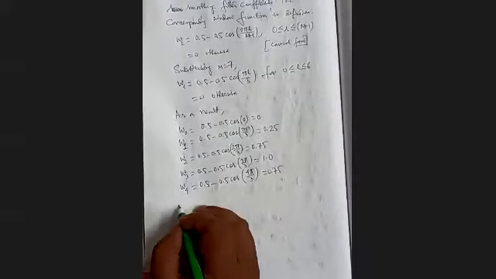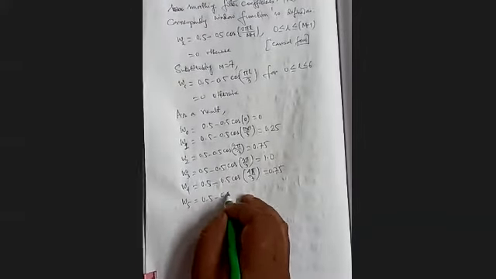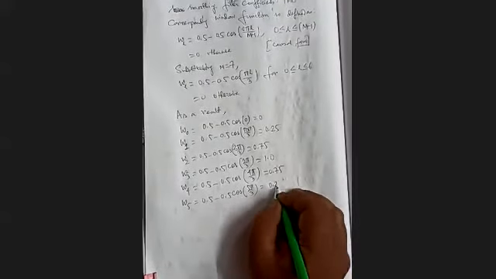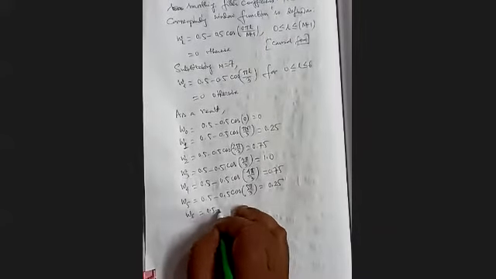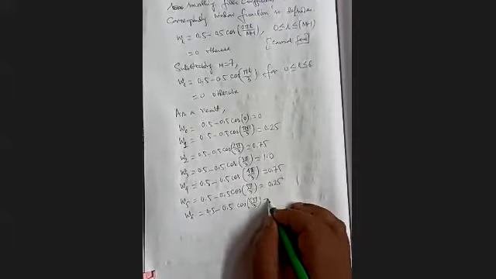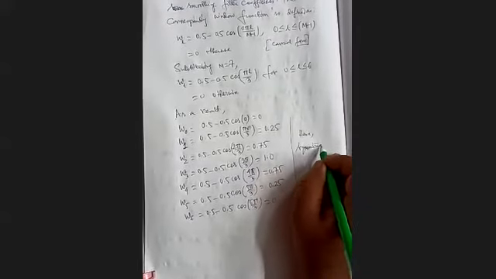So it is 0.75 again. Then W5 equal to 0.5 minus 0.5 cos 5 pi by 3. Actually it is symmetrical. And W6 equal to 0.5 minus 0.5 cos 6 pi by 3. So obviously this is symmetrical. Hence we see it is a symmetrical window sequence.